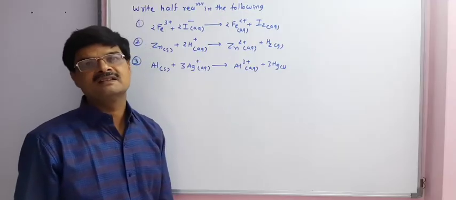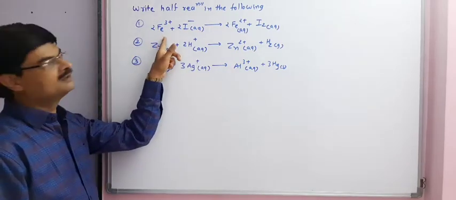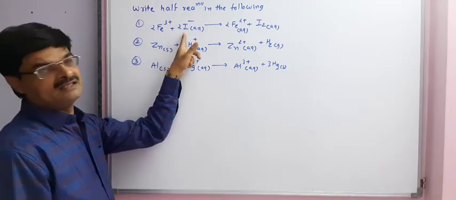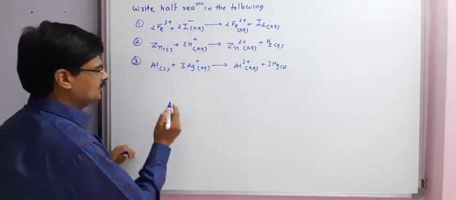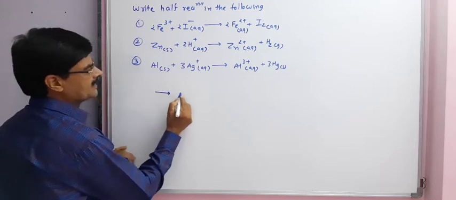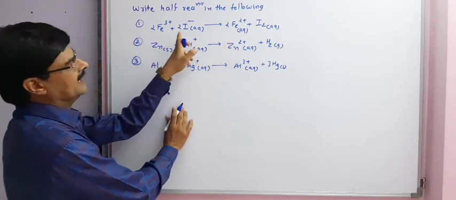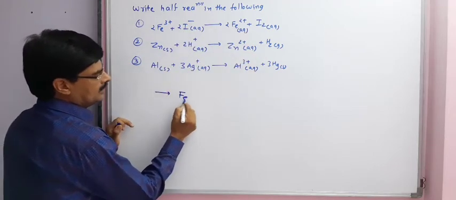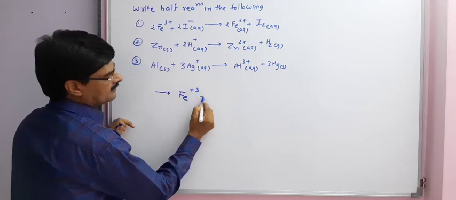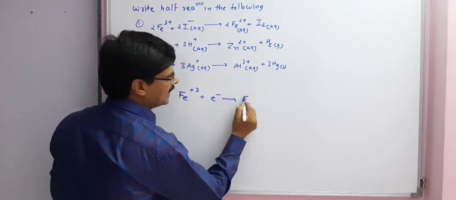Write half reactions in the following. First one, 2Fe3+ + 2I- will give 2Fe2+ + I2. So for the first reaction, Fe3+ gives Fe2+ and 2I- gives I2. Fe3+ by gaining an electron gives Fe2+.